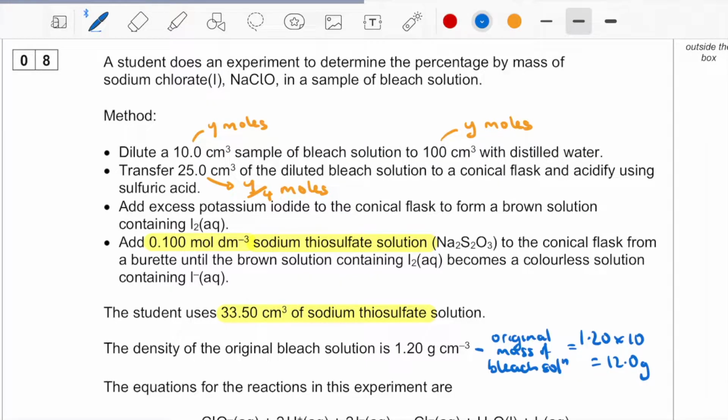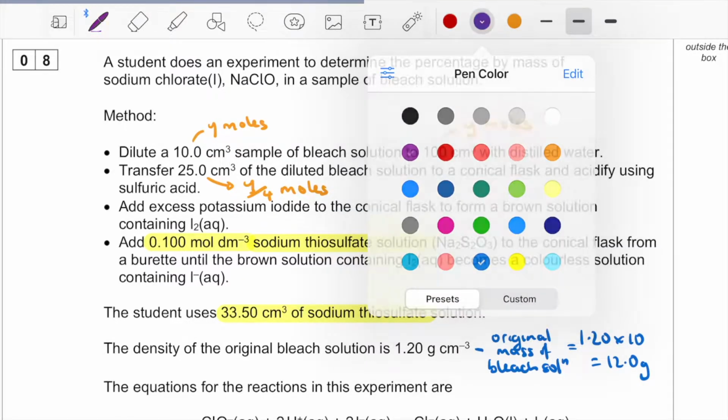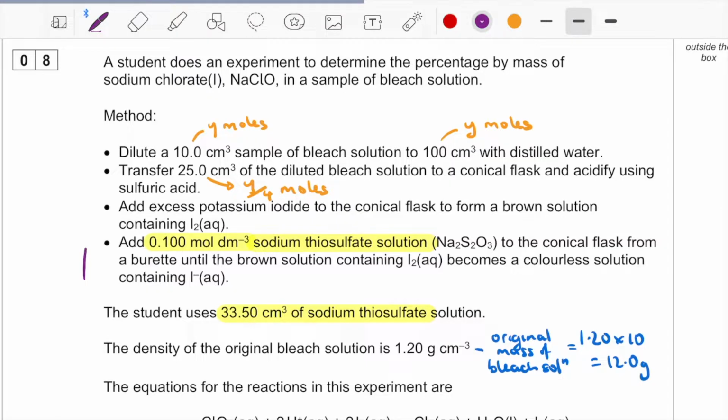And then it says the equations for the reactions in the experiment are. So let's have a think now about what we know and what we need to find out. Now, whenever we get titrations and they give us a description of the method, when you're actually doing the calculation, you're always working backwards.